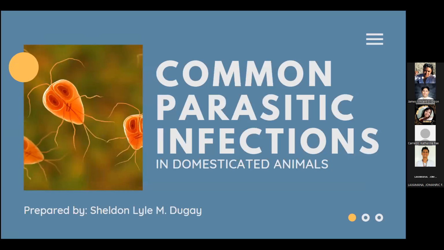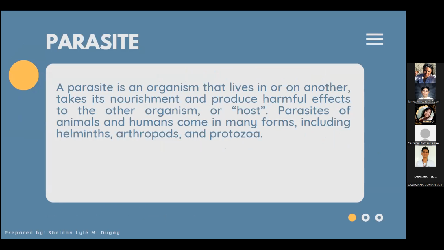So, let's start with the meaning of parasite. A parasite is an organism that lives in or on. When we say in, some parasites live inside the body of an animal, and some live outside. These parasites take nourishment and nutrients and cause harmful effects on their host or another organism. Parasites of animals and humans come in many forms.